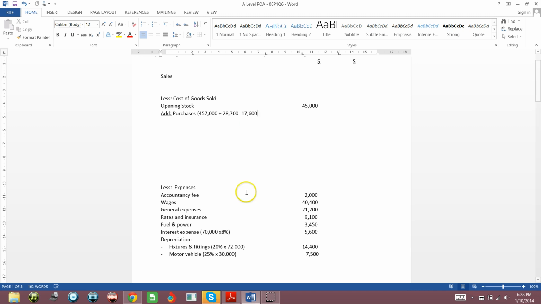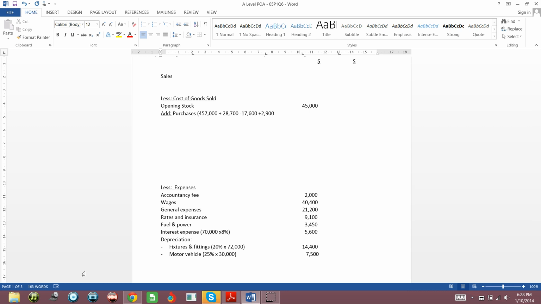Then also you must add cash purchases, 2,009. That is the purchases he bought by cash. So that is Raja's purchase.